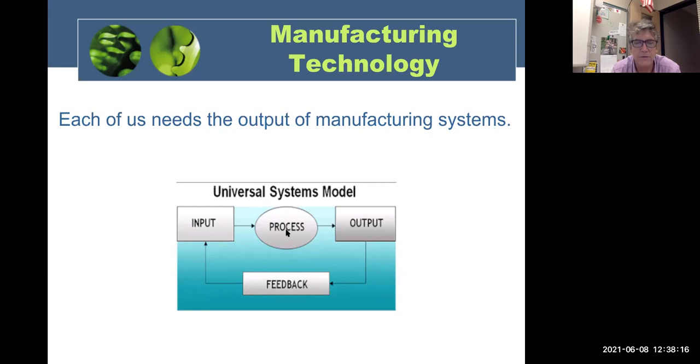There is a process that works with that input, and then something is output, either a product or a service, and then there is feedback that measures the output to control the input. My favorite is the sprinkler system, which typically is described as an open loop, not a closed loop system. Remember, feedback makes this a closed loop system.